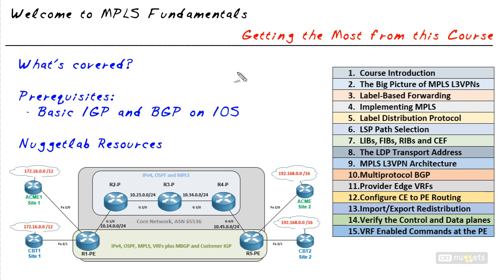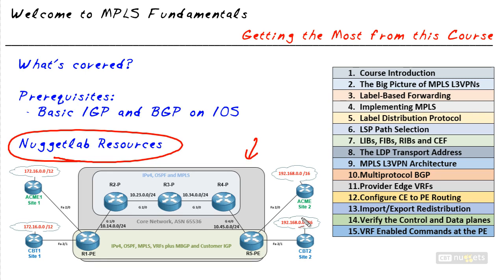The other thing that I've included for you is a whole bunch of resources in the Nugget Lab files. So when you're watching this video at cbtnuggets.com, there's a little link for Nugget Lab files. You can download all these files. And as part of the Nugget Lab files, I've got topologies that you might want to download and have separate so you can view them while you're doing your practice and your configuration. I've got the configurations for the various routers as well as the commands in many cases that we're using in class.